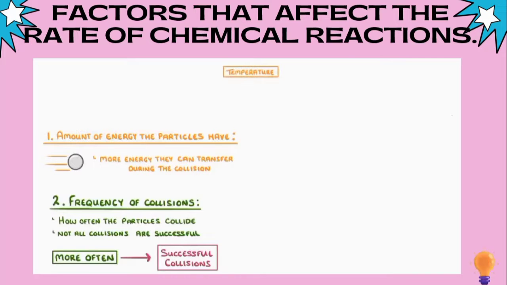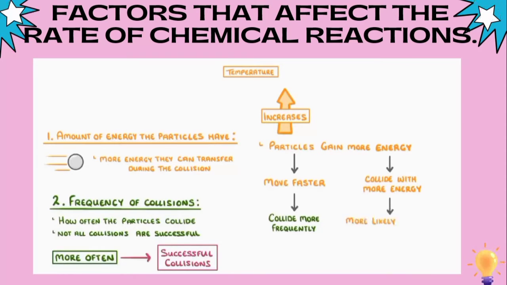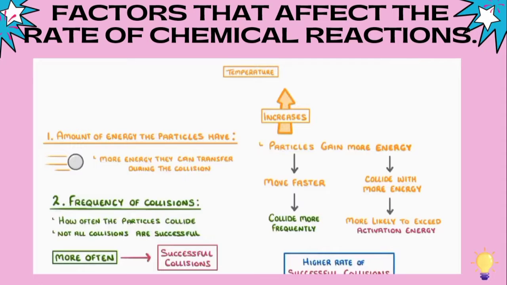As the temperature of a reaction increases, the particles gain more energy, which means that they move faster. And because they're moving faster, they'll collide more frequently. They'll also collide with more energy each time, so are more likely to exceed the activation energy. So overall, there will be a higher rate of successful collisions, and thus a higher rate of reaction.